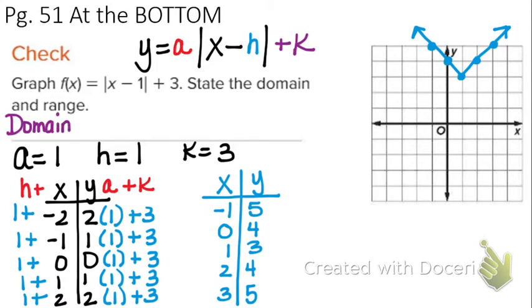So now we have to talk about our domain and we have to talk about our range. So I'll give you a minute to finish graphing and then we'll talk about domain and range.